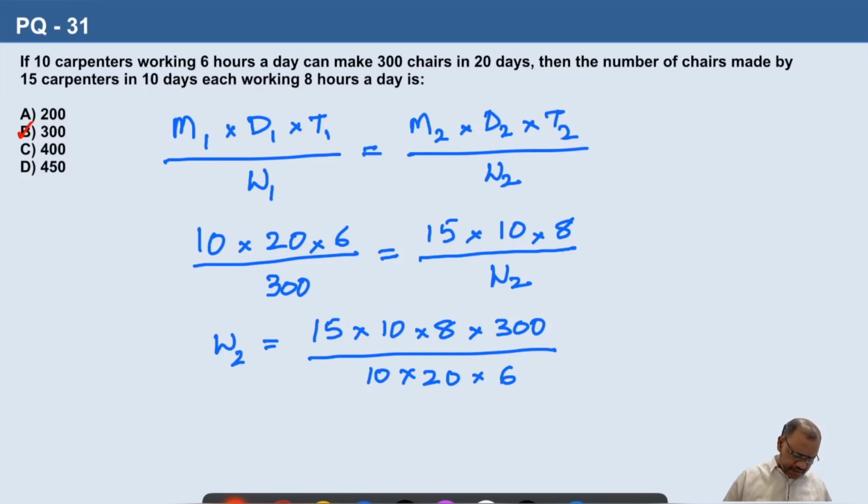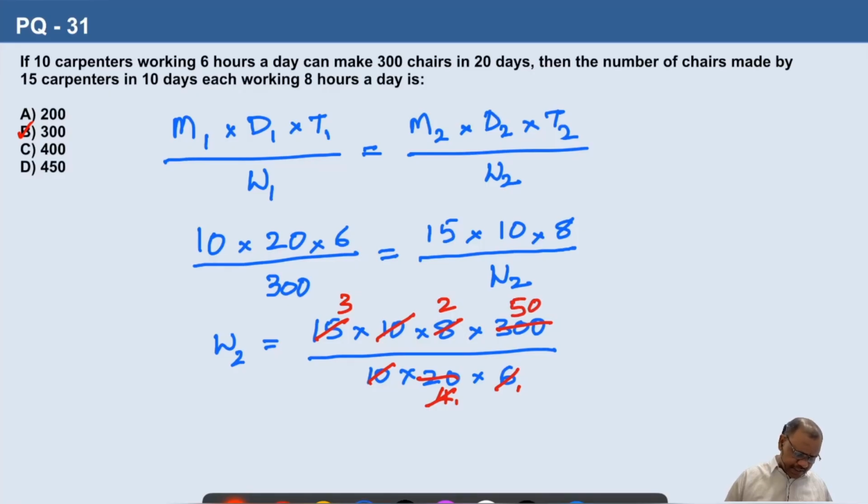Simplify this. 10 will get cancelled. This is 5 threes, 5 fours, 4 ones, 4 twos, 6 ones, 6 50s.